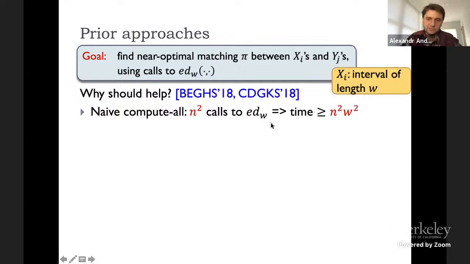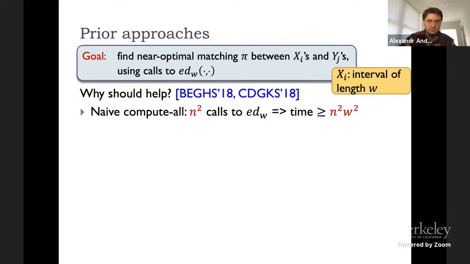Now, what is the best thing we know how to do for computing edit distance for strings of length w? Well, the quadratic time algorithm, w squared. So we get time which is at least n squared w squared. I'm saying at least because this is just computing the distances between these xi's and yj's. We also need to include the time for finding the actual optimal alignment, but we'll get there, right?